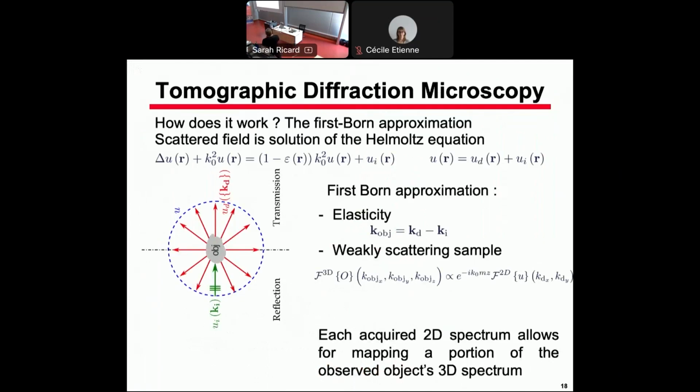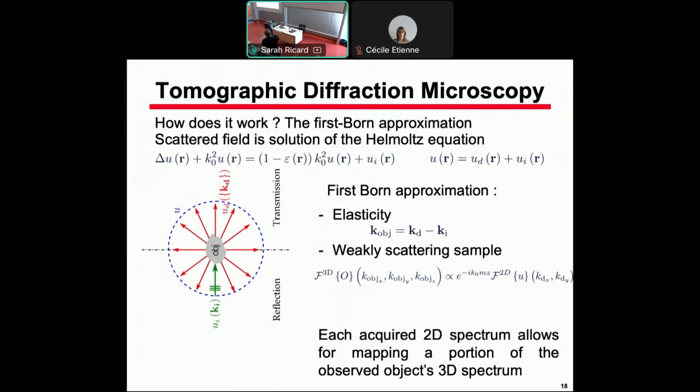So the object wave vector is simply the diffracted wave vector, which I know how to measure in tomography, minus the incident one, which I more or less control by the illumination. And then it's a Fourier transform, the so-called Ewald calculus.